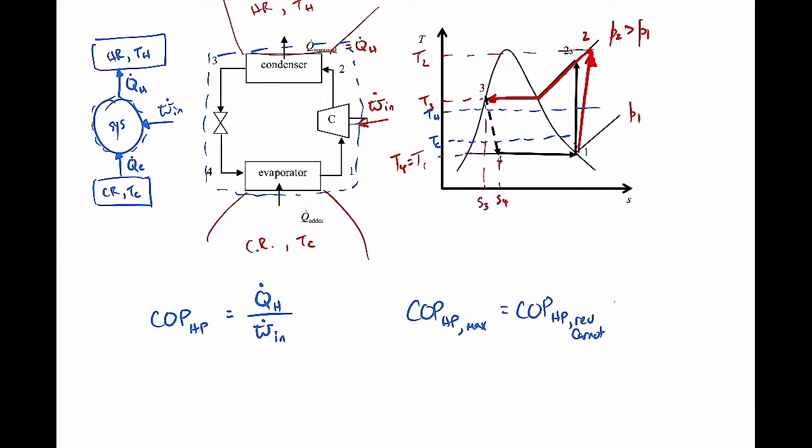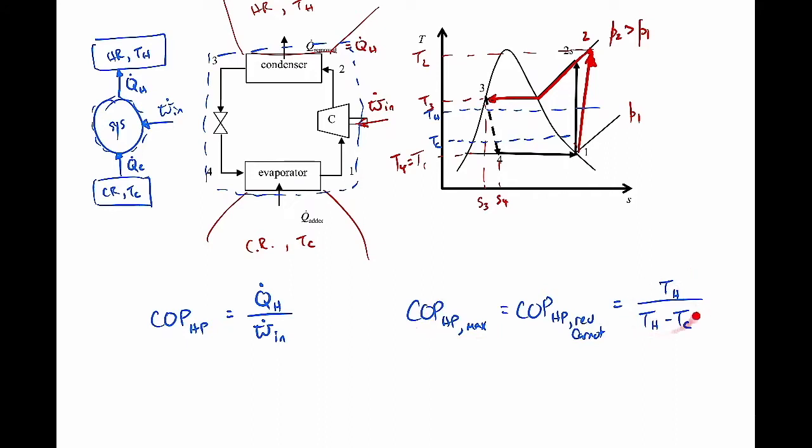And that's given by the absolute temperature of the hot reservoir divided by TH minus TC, where those are absolute temperatures. So this is the maximum performance we could possibly get between these two reservoirs. Okay, it's the best that you're ever going to do. Every real system in here will have a COP less than this maximum value. So this is the best we're going to get.